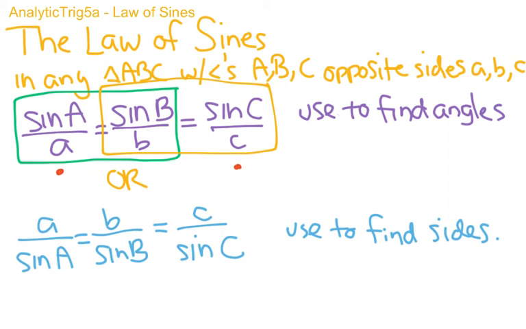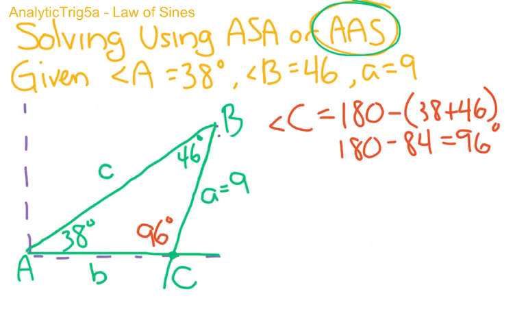So little a over sine of A. So I'll use the a's, so little a, which is 9, over sine of A. This is basically our reference. It's our ratio that's creating the ratio of the sides to the angles. And I'm going to randomly choose B as what I'd like to solve for next. So I'm just solving for b over sine of big B, which is 46.